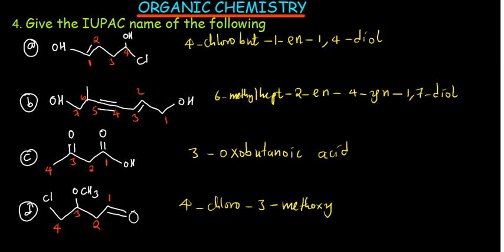So this is methoxy. And now the whole chain has got 4 carbons, that is going to be called butane. But because it's an aldehyde, we add -al at the end, so that will be butanal. Why haven't I stated the position of the butanal in this case?